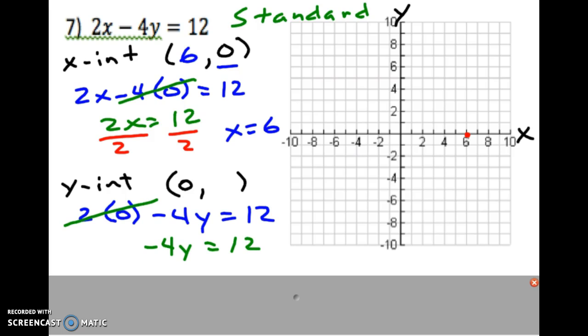Please remember the negative sign, don't lose it, common mistake. Divide by the negative 4, and we see that y should be negative 3. So our intercept will be at 0, negative 3. On the y-axis, we put a point at the negative 3, and then we draw our line through the 2 points.